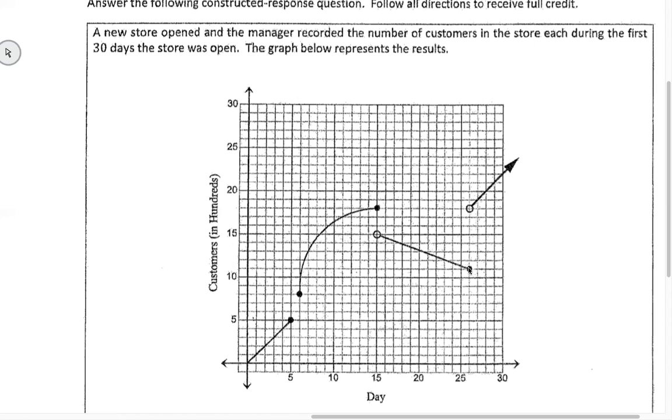Then it jumped back up because they were running another sale, or maybe it was Black Friday. So you would want to write something along the lines of y is between 0 and 500, then it's between 800 and infinity.